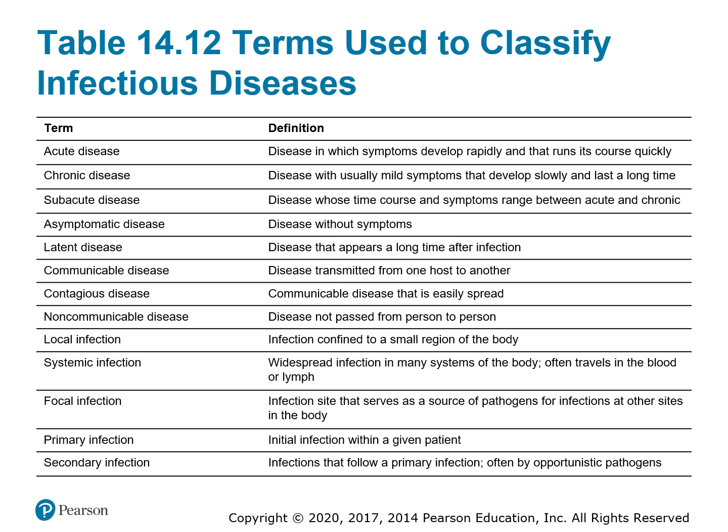Local infection means it's limited to a small area of the body. Systemic infection means it's widespread. It's everywhere in the body. It travels through the blood and the lymph. Focal infection means that the infection site has served as a source of pathogens for infections to other parts of the body. And primary infection is the initial infection within a given patient.